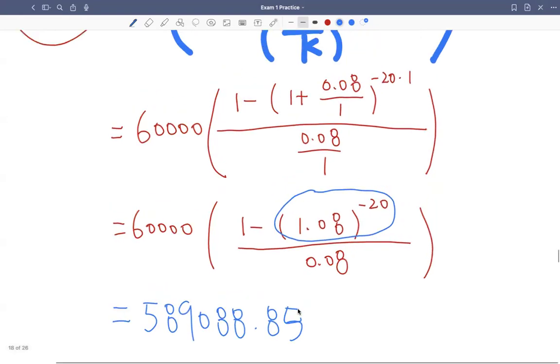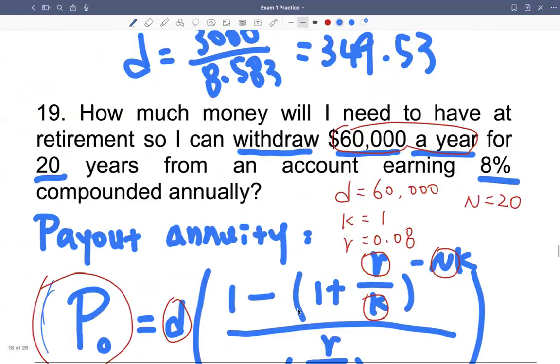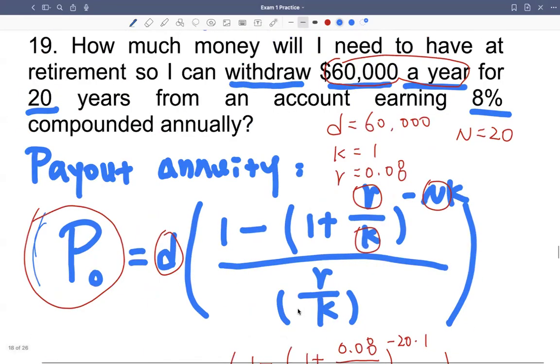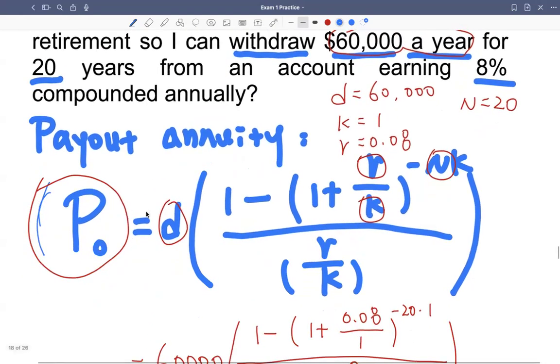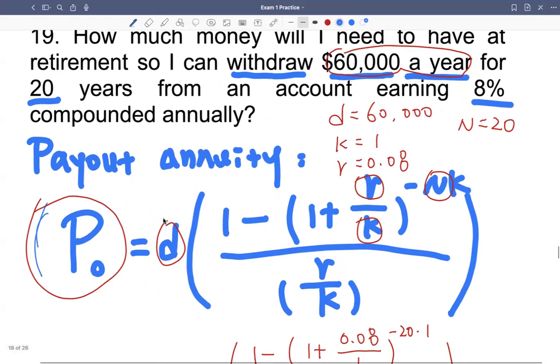Let's go back to the question to make sense of all this. The question is asking how much money we need to have in a retirement account to enable us to withdraw $60,000 per year for the next 20 years, provided the account offers 8% interest. Because we're withdrawing money from a retirement account, we know to use the payout annuity formula.